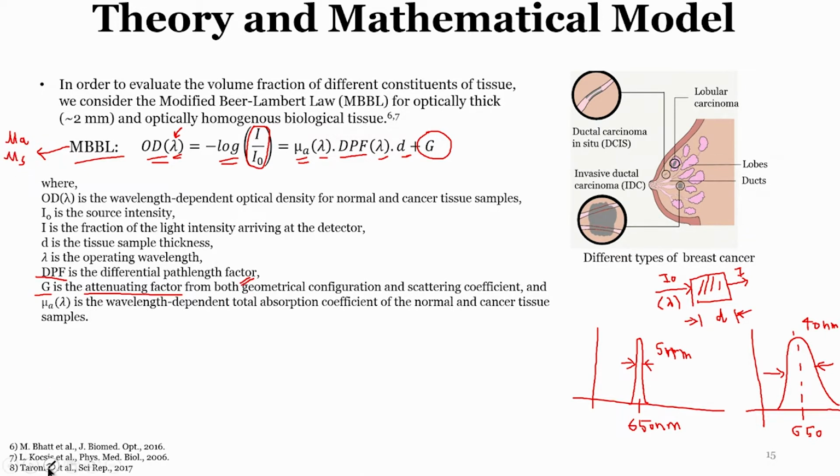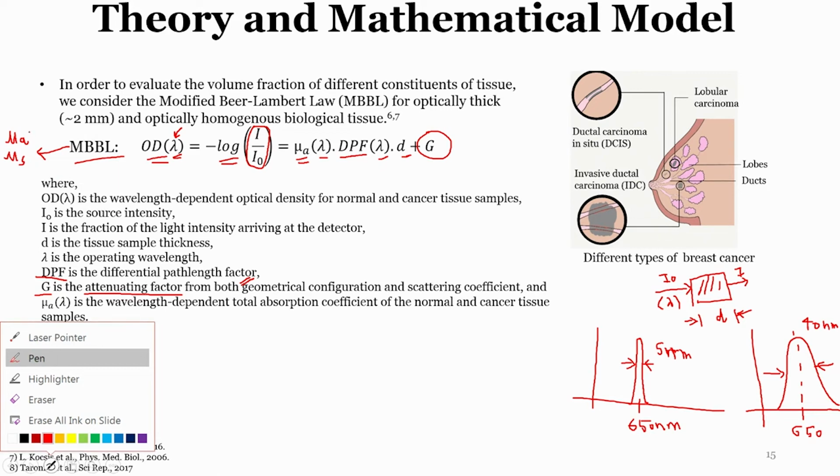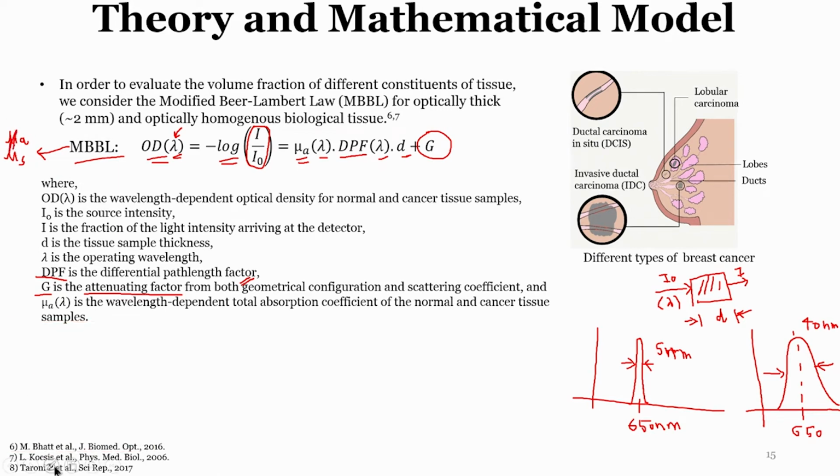So we quantify mu A, we quantify mu S, and we also quantify the volume fraction of the different constituents of the tissue.